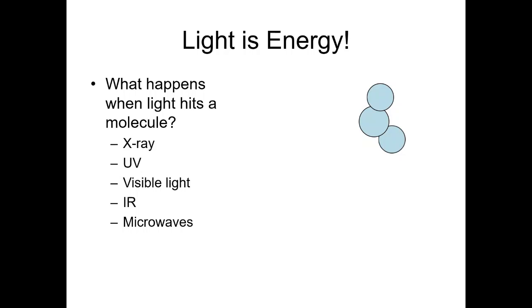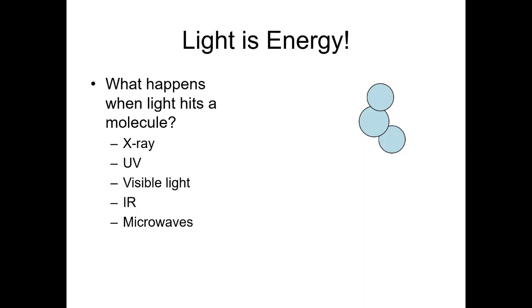Anytime the matter changes, that means that light is absorbed. And when it's absorbed, it's not passing through to the other side. So that's the first thing to remember. The second thing to remember is that light is energy, and that energy has to be conserved. So it's going to turn into some other form of energy.